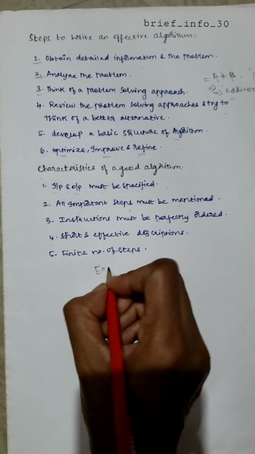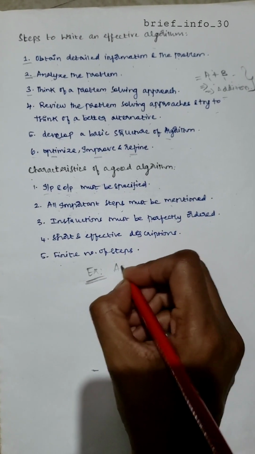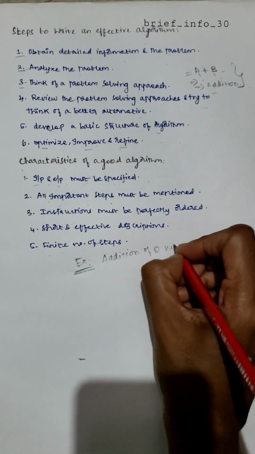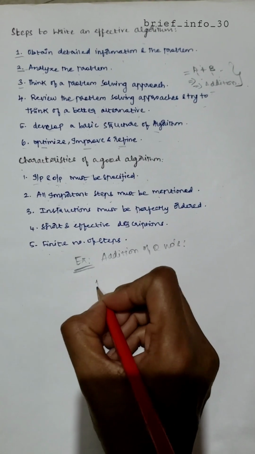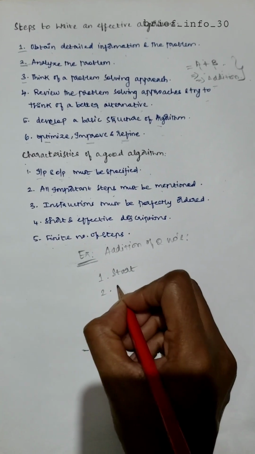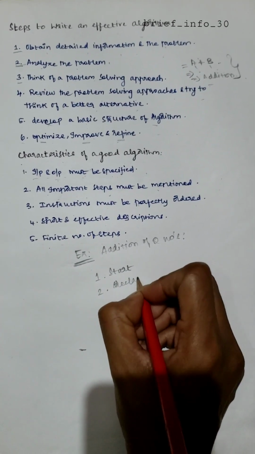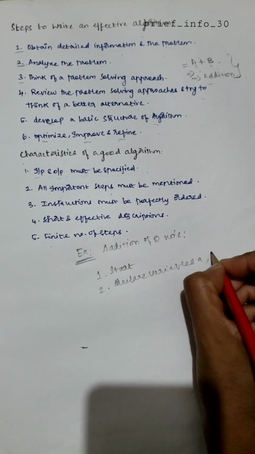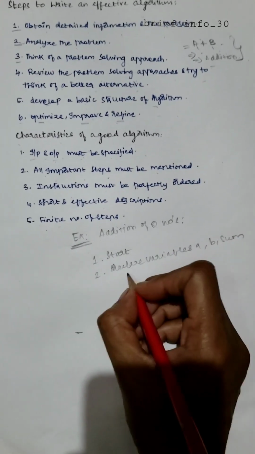So, an example of writing an algorithm: addition of two numbers. Step 1 is start. You need to start, and then you need to declare the variables a, b and sum.